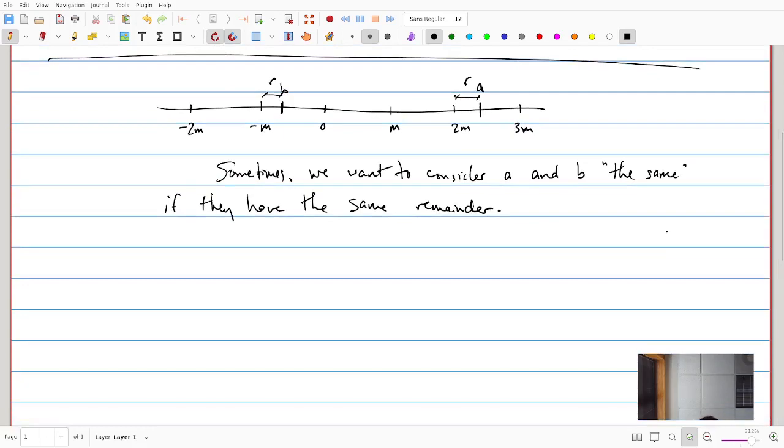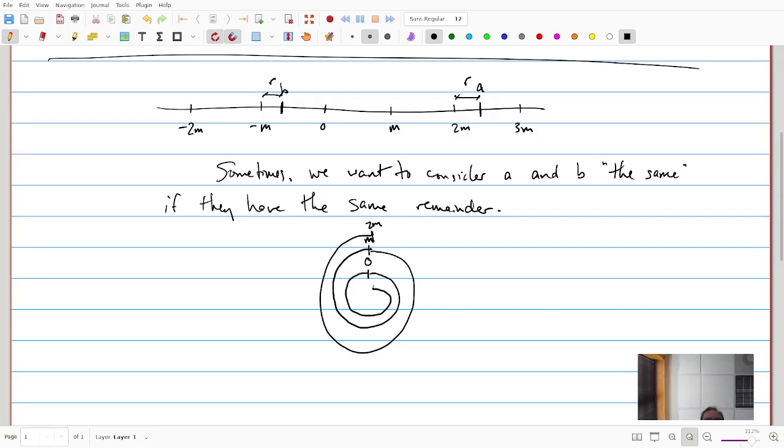Conceptually, it's kind of like we're taking the whole number line and curling it up onto itself, so that here's 0, but I curl it up so that when I get to m, I keep going, and this is 2m. I could go backwards too; this is negative m, and so on.